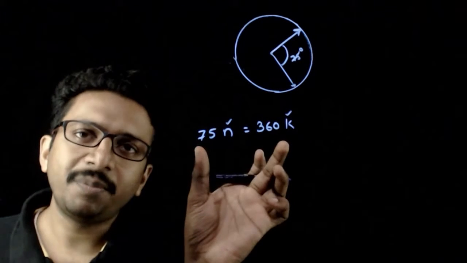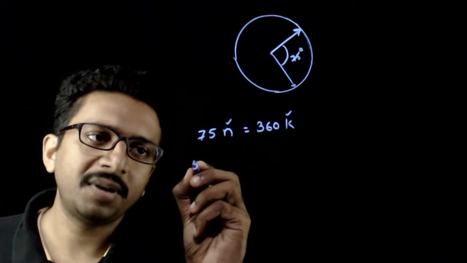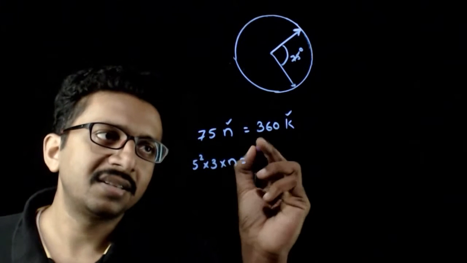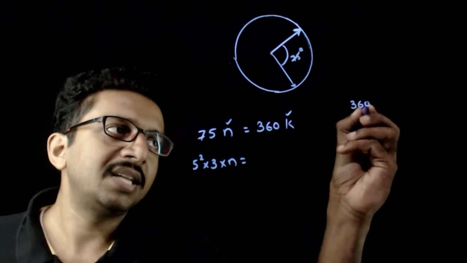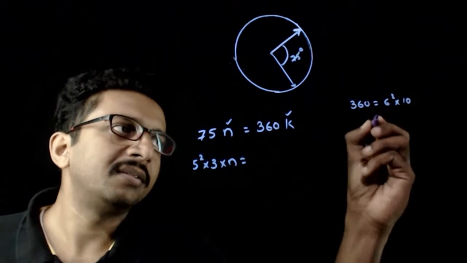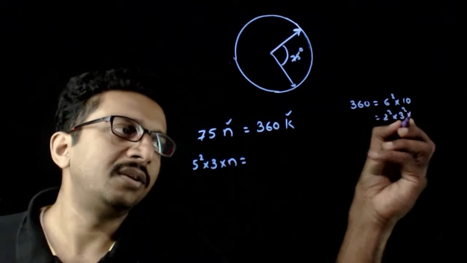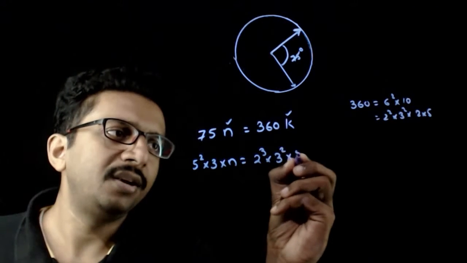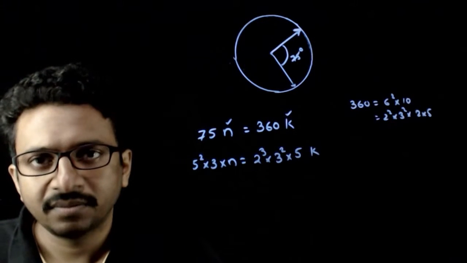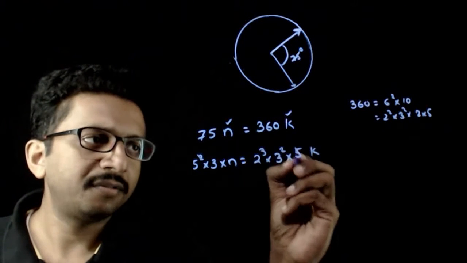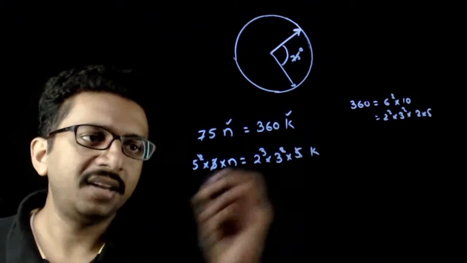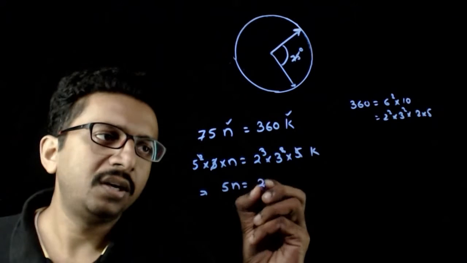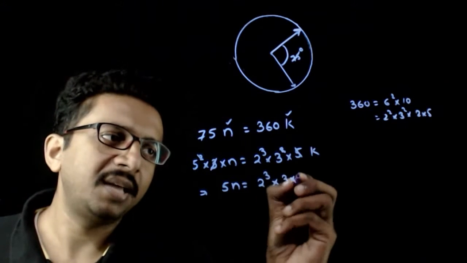Let us see the prime factorization of these two. 75 is nothing but 5 square into 3, into n, should be equal to 360, which is 6 square into 10, that is 2 square into 3 square into 2 into 5, that is 2 cube into 3 square into 5, into k. Now a 5 and a 5 get cancelled, 3 and 3 get cancelled. So effectively 5 times n has to be equal to 2 cube times 3 times k.